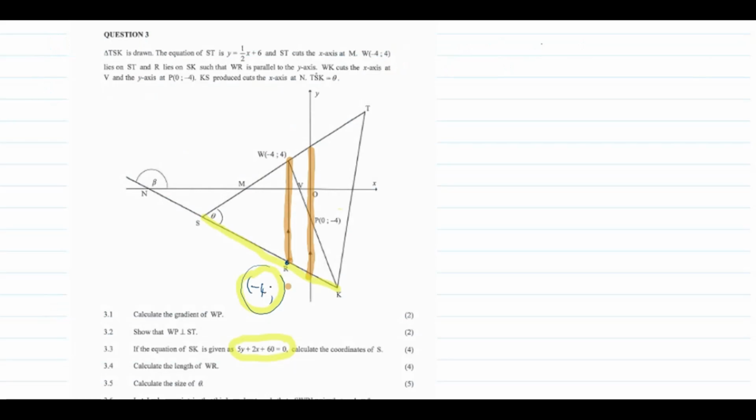Okay, so we found the coordinates of our R. The coordinates of R are -4 and -10.4, and we already have the coordinates of W, so we just use the distance formula to get the length of our line WR.